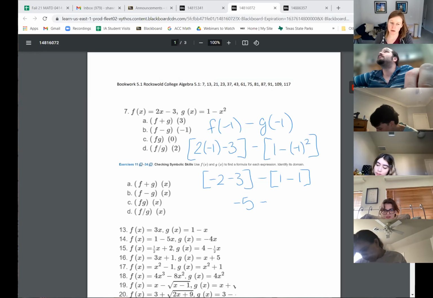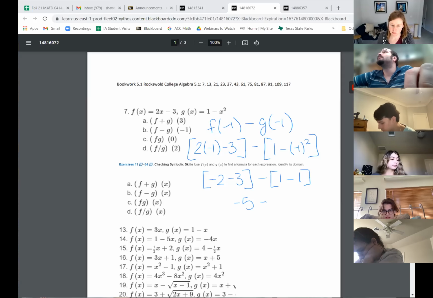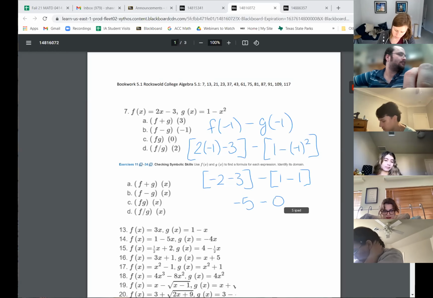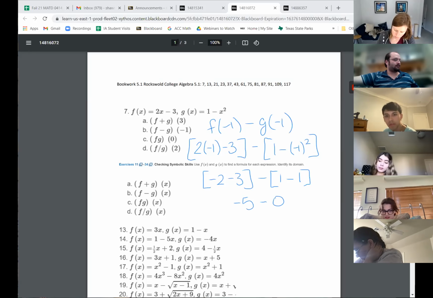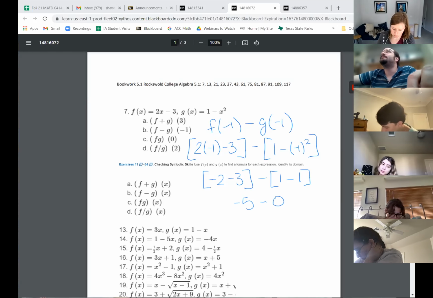When you square the -1, that part will be positive. That minus is still out there though. So 1 minus 1 in those parentheses is going to be 0. And then you just tag on that negative sign, so it's -0. And then f of -1 minus g of -1 equals -5.